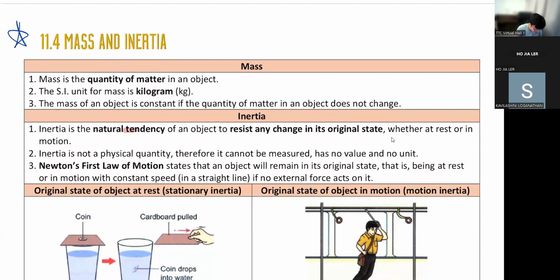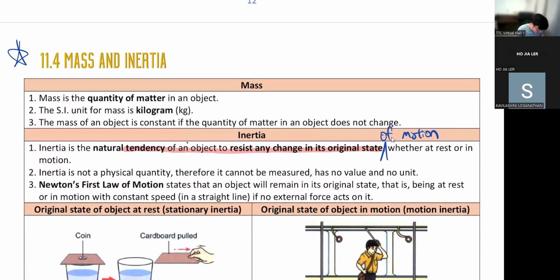So it is a tendency of an object to resist any change in its original state. Please add of motion. Okay, of motion. The tendency of an object to resist any change in its original state of motion, right? If you still don't understand, how do I teach kids on inertia?